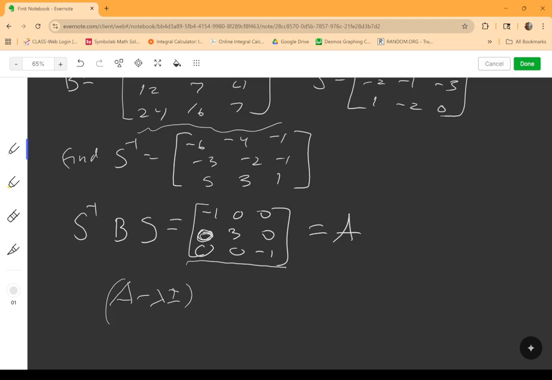I can just look at it and determine what those eigenvalues are. This matrix just becomes -1 minus lambda, 0, 0, 0, 3 minus lambda, -1 minus lambda, and I will do the cofactor expansion across really any row, any column.